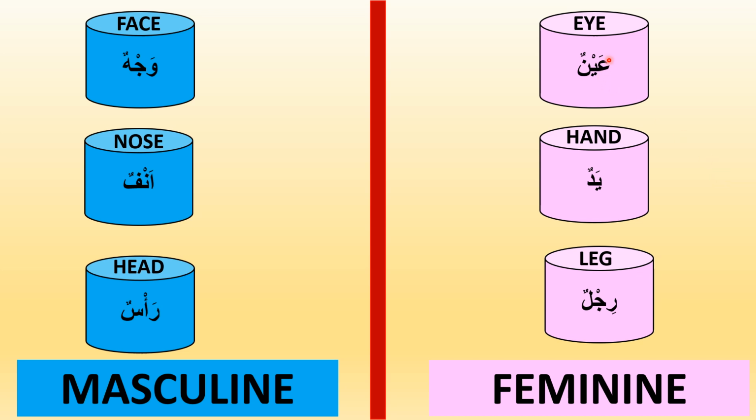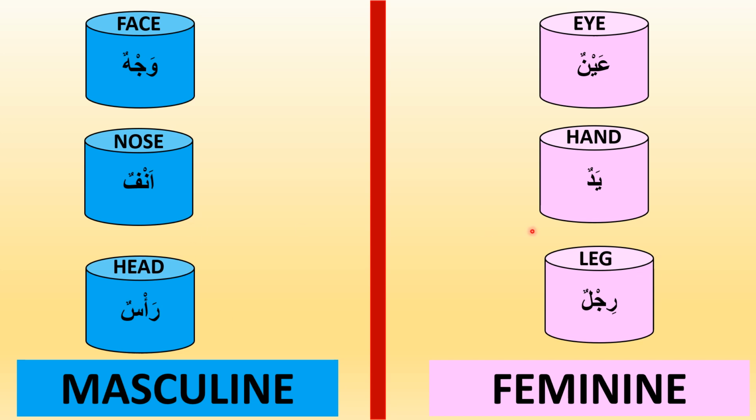So look at Ainun is eye, Yadun is hand, Rijlun leg, Wajhun face, Anfun nose, Ra'sun head. What is not common is that the ones on the right hand side are feminine in pink, and the ones on the left hand side are masculine in blue.